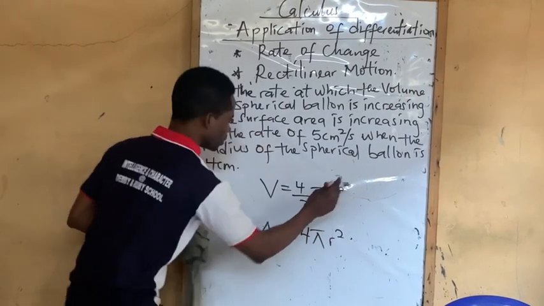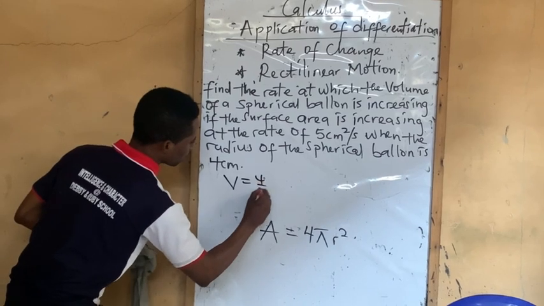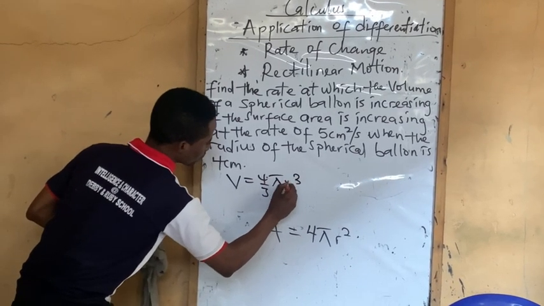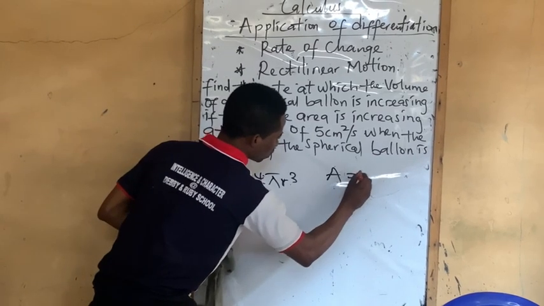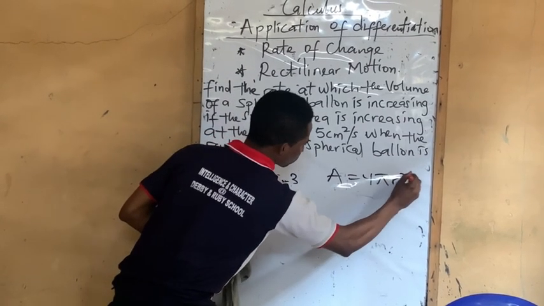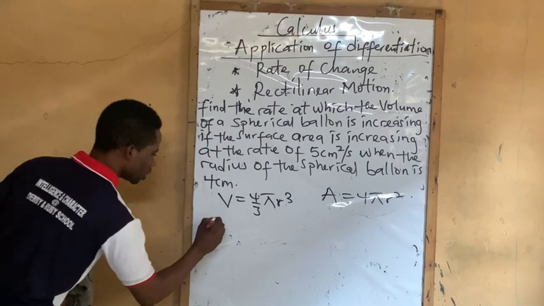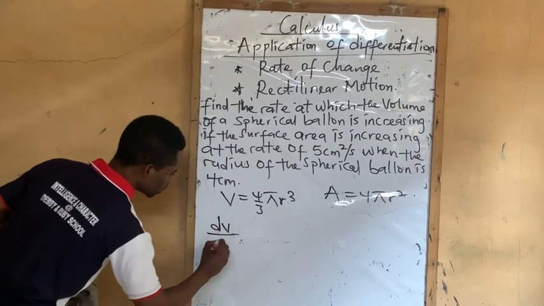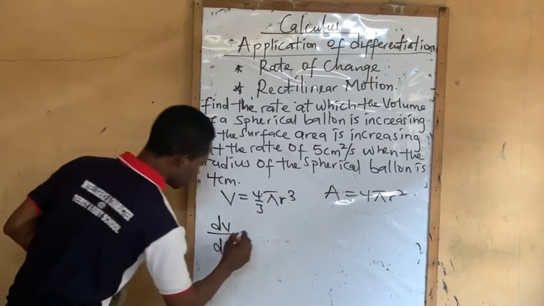Let me shift this one here. V equals 4 over 3 pi r cubed, while the area is 4 pi r squared. Do not forget, everything you need here is dV/dt. And dV/dt will be what?